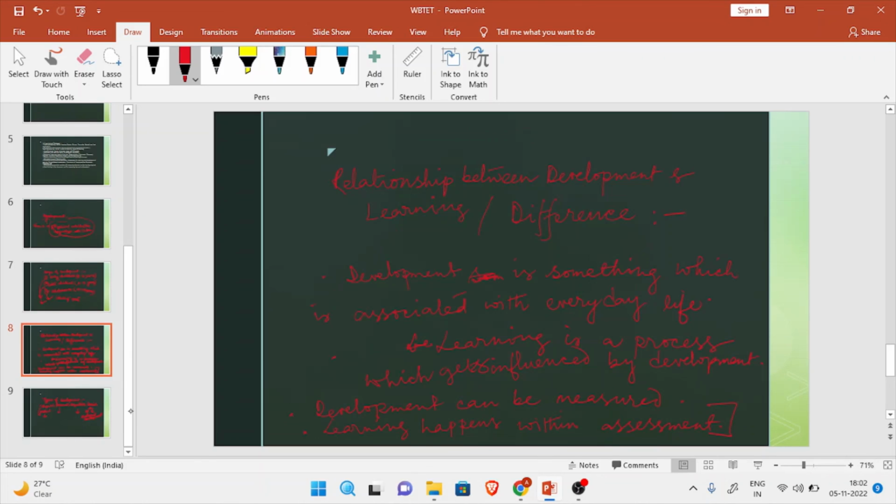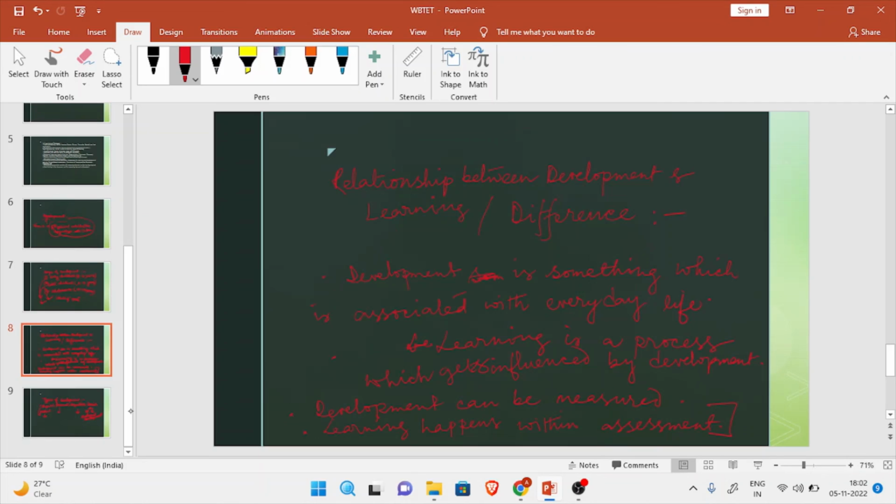Development can be measured, because development is physically implied, and also cognitive. I mean, you can develop your mind, you can develop your height, you can develop everything, but learning is something you have to experience through your past experiences, through your progress, through everything.